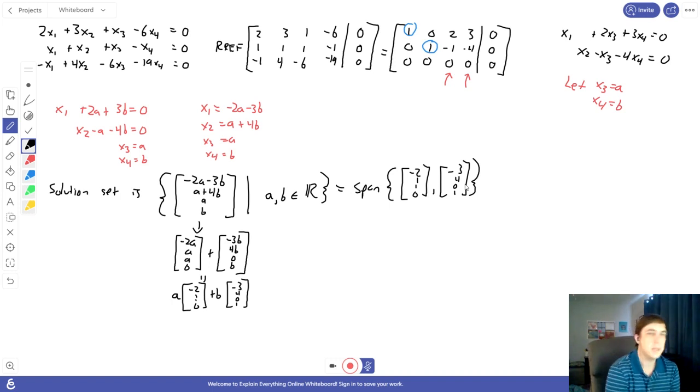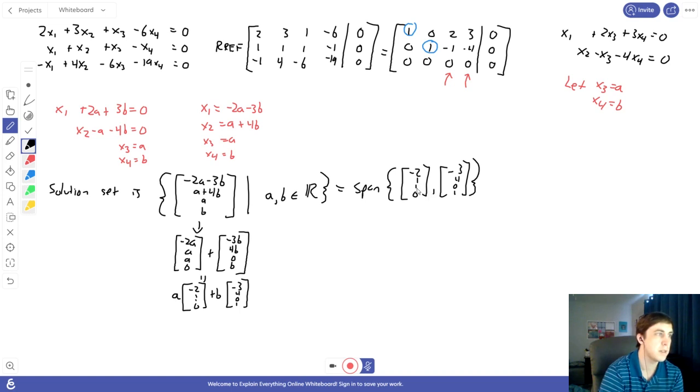We know our solution set is spanned by those two vectors, so now all we need to do is find a linearly independent subset of them to have a basis. The good news is, because we have these two free variables, these two vectors are always going to end up being linearly independent.